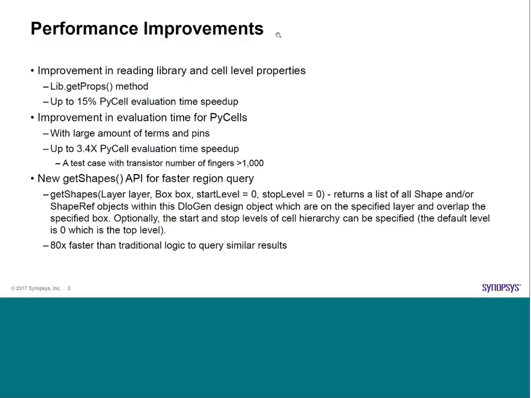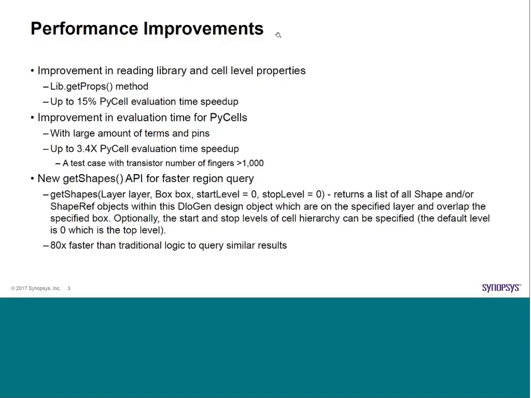These are done in the core functionality that we already had in PyCell Studio. There are new APIs added for region query, which is get shape. Now you can use this API to get any shape on a layer.